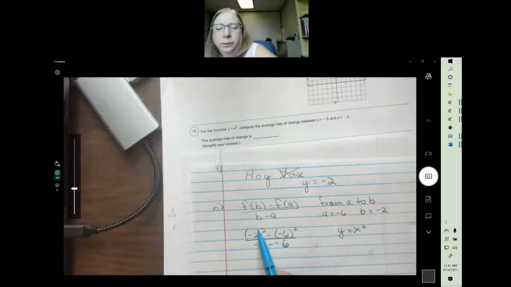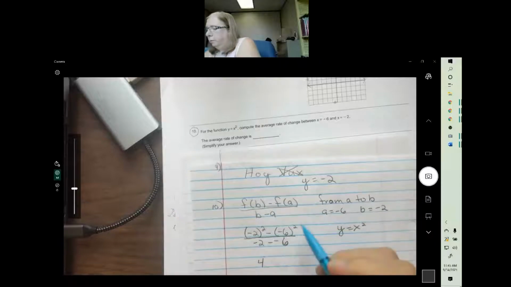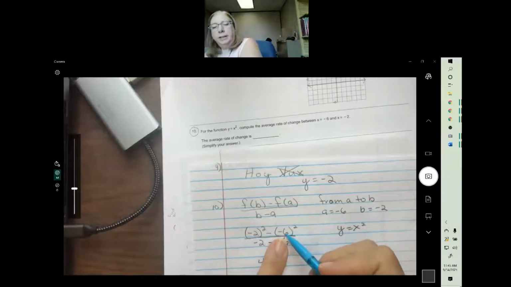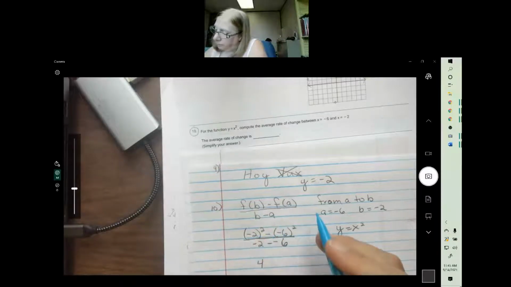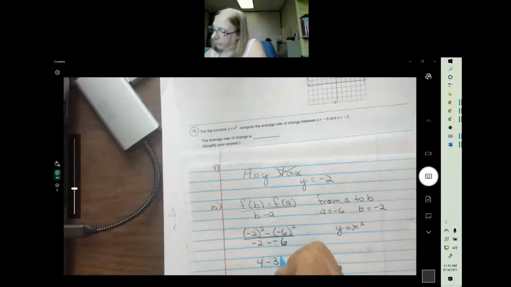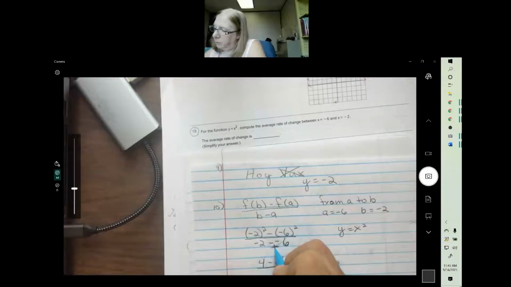You want to be careful. Exponents are first, so -2 times -2 is a +4. Here, we have to square this first and then multiply by that negative. -6 times -6 is +36, but this makes it a -36. Same thing here, these two negatives make a positive.